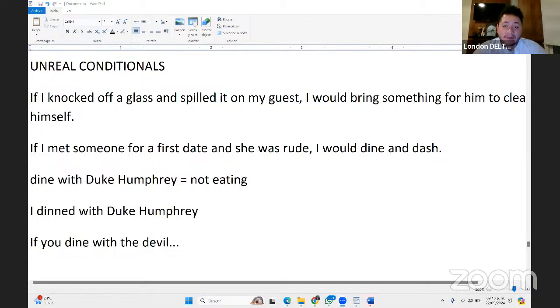So when someone is a bad egg, if you like hanging out with bad eggs, they will tell you you are dining with the devil, right? Obviously it's not literal, just like you have bad associations, bad relationships, bad friendships. I mean, you dine with the devil, you will end up in jail, right? In jail.